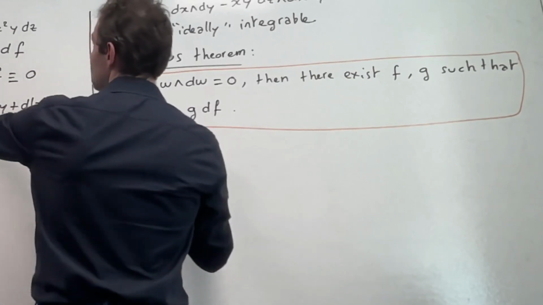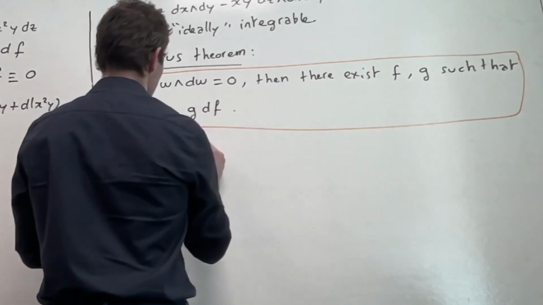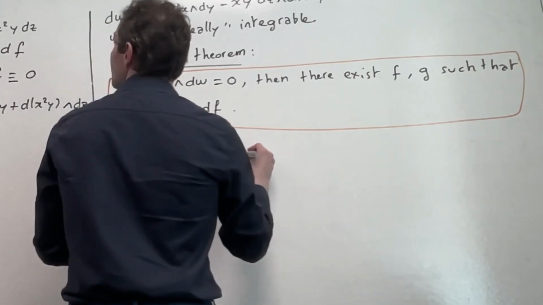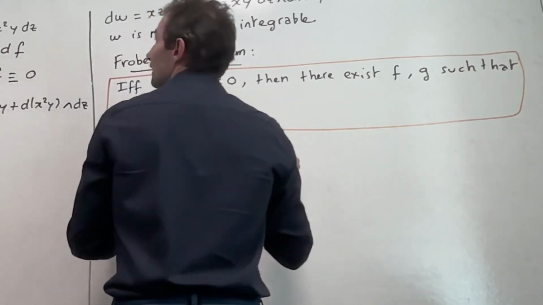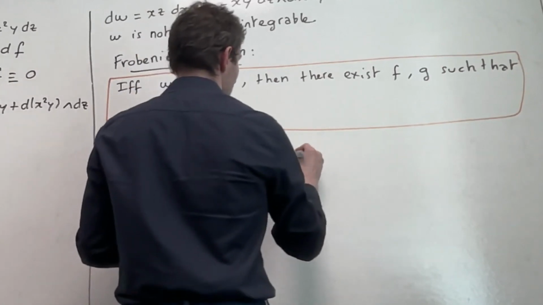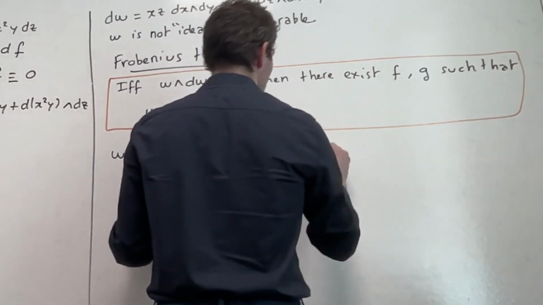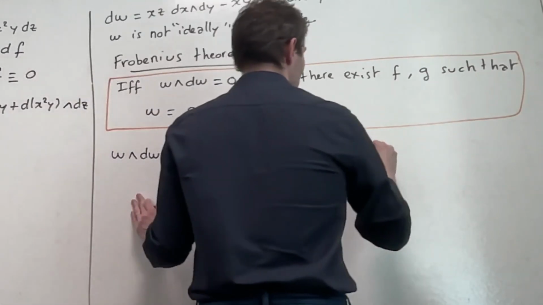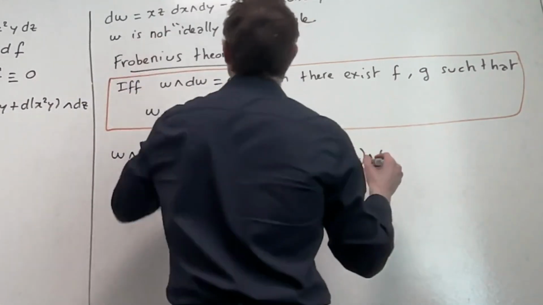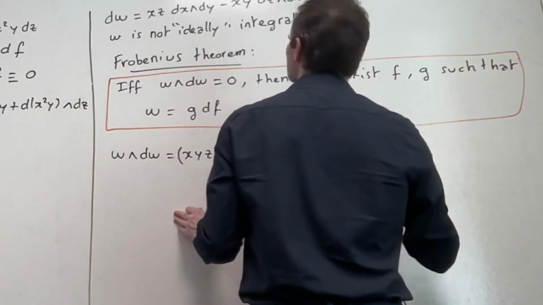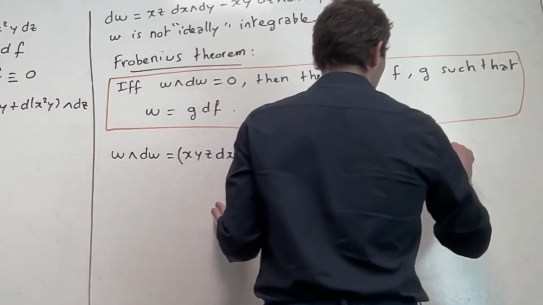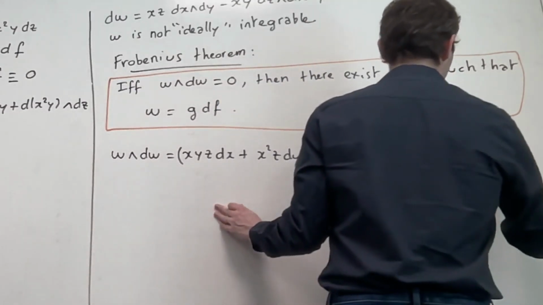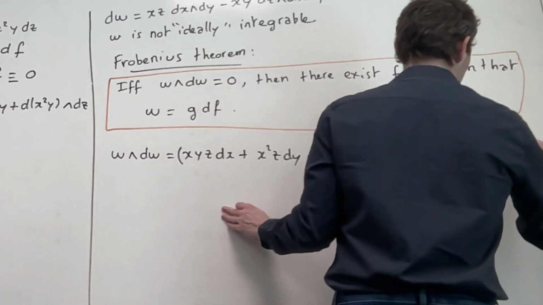So omega is all of that: xyz dx plus x squared z dy plus x squared y dz. This thing is omega, and then wedge this stuff here. So that's simply xz dx dy minus xy dz dx.